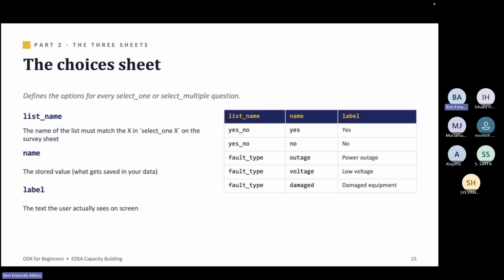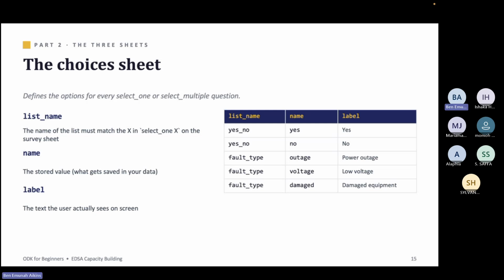Then under the name column, one of them will have P station underscore A, the second one P station underscore B, the third one P station underscore C. Then on the label, you probably wouldn't want to repeat the P station. You want to make it proper so that the person will see the right value, so we'll write primary substation A, primary substation B, primary substation C. But under the list name, they are all the same: P station, P station, P station.